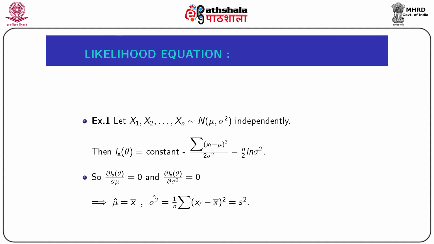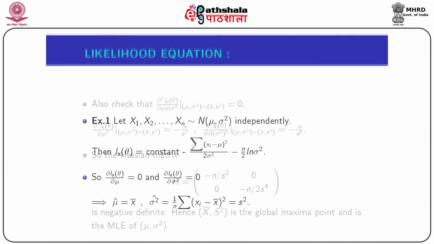So naturally, the first order derivative of the log likelihood function with respect to mu equal to 0 and the first order derivative with respect to sigma square equal to 0 give the two likelihood equations. The solution of these two equations gives mu hat equal to x bar and sigma square hat equal to 1 by n summation xi minus x bar whole square, which is nothing but the sample variance with divisor n.